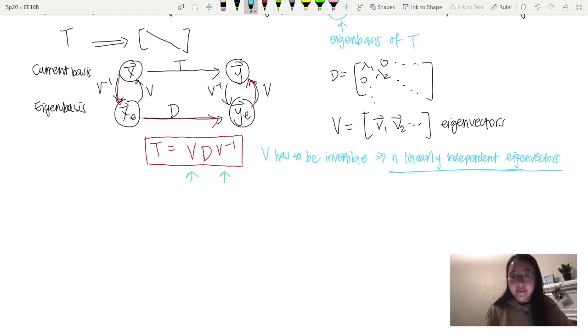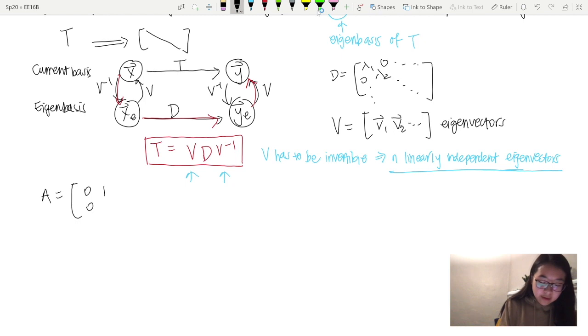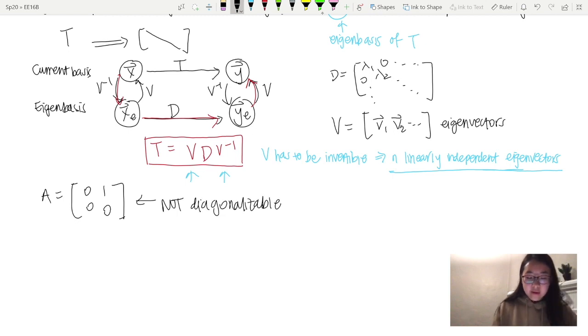linearly independent eigenvectors. An example of a matrix that is not diagonalizable because the eigenvectors are not all linearly independent is the matrix 0, 0, 1, 0. This is not diagonalizable because here you can see that it's already in upper triangular form.